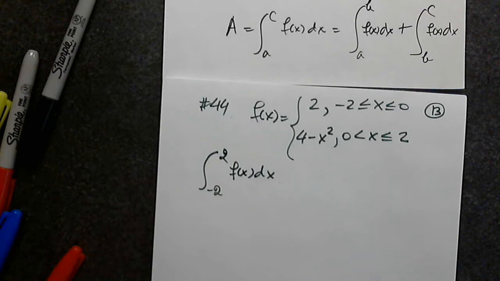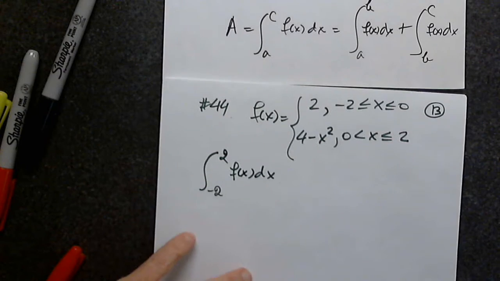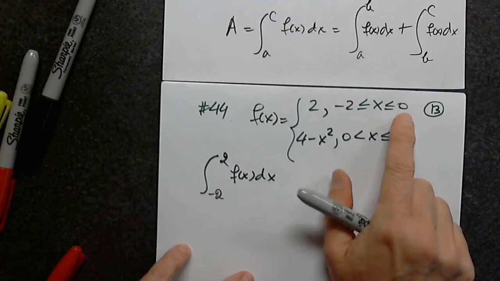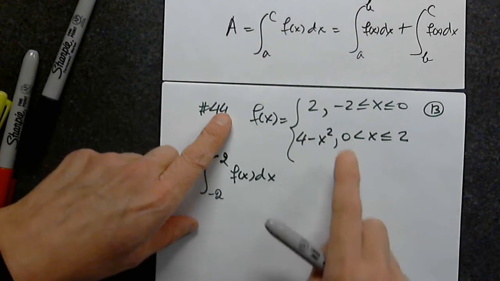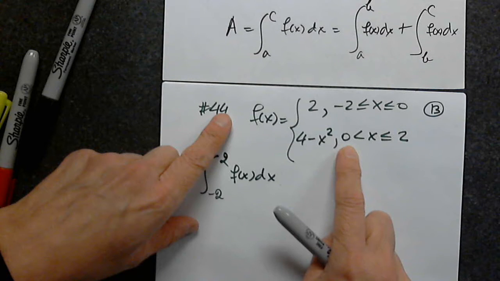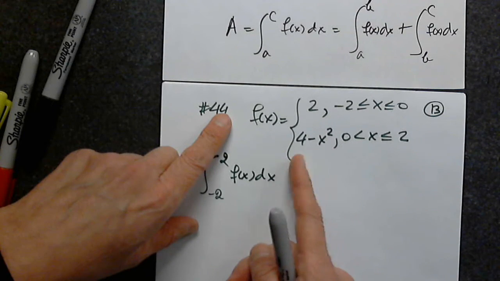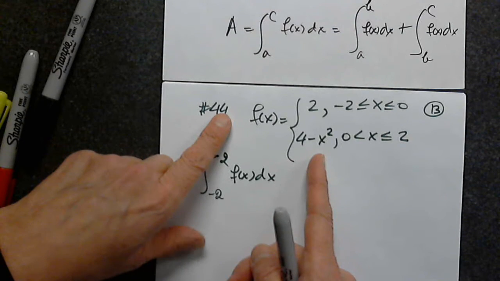Integral from negative 2 to 0 plus the integral from 0 to 2. Yes, perfect. Assuming the function is continuous, I should always check that. So at 0 from the left it is 2, and at 0 from the right it is 4.